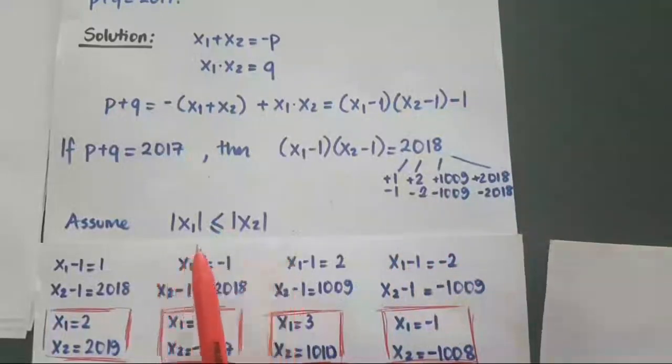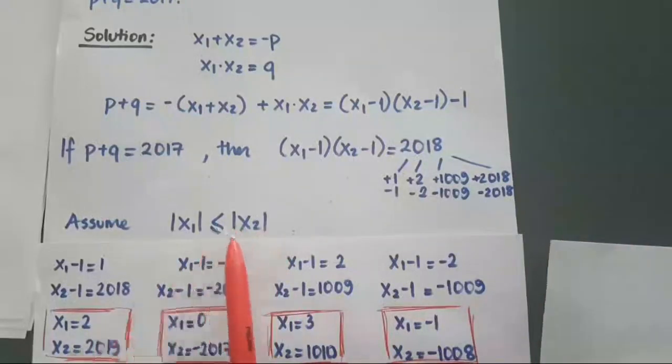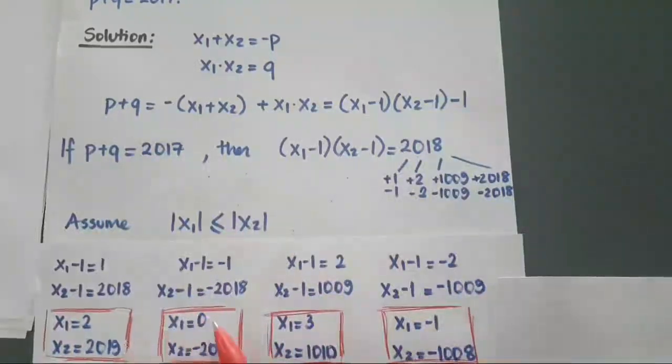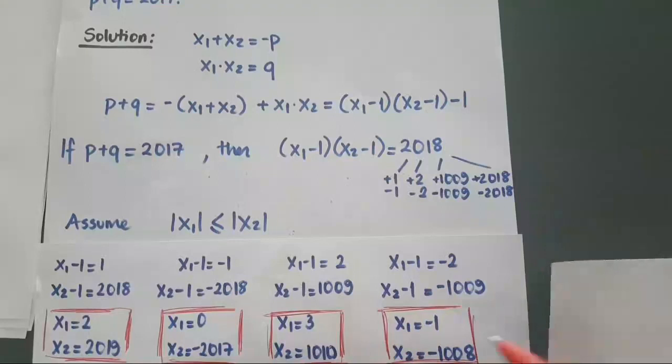If I assume that the first root is smaller than the second root in absolute value, we will have four cases: x1 is 2, x2 is 2019, or x1 is 0, x2 is negative 2017, or x1 is 3, x2 is 1010, and the fourth case, x1 is negative 1 and x2 is negative 1008.